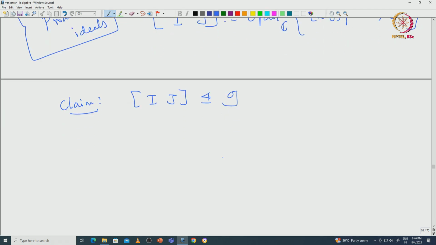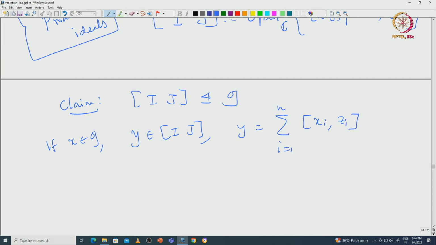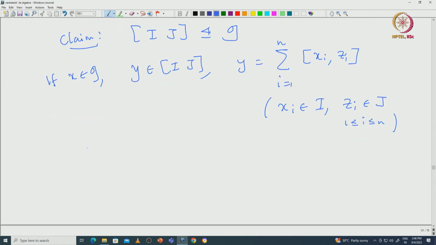In particular, if we take x in G and some y in the bracket [I, J], then we can write y as a sum of [x_i, z_i], where i ranges from 1 to n, and all the x_i's come from capital I and all the z_i's come from capital J. Now what do we need to prove? We need to compute the bracket [x, y]. So, let us compute and see what happens.